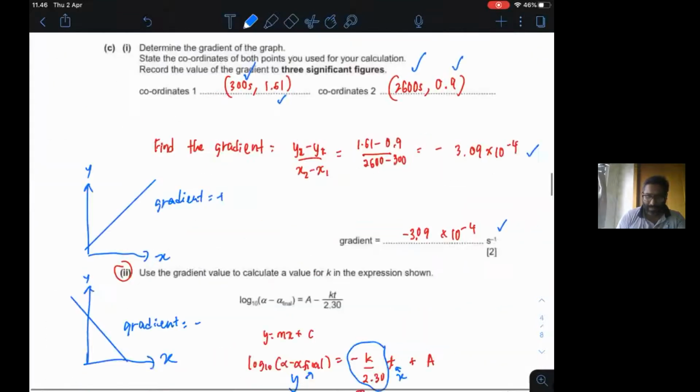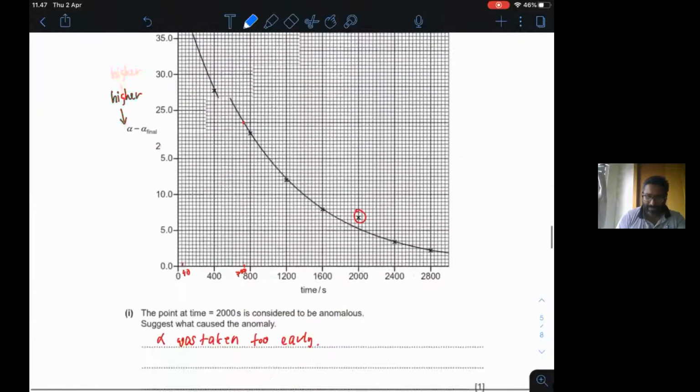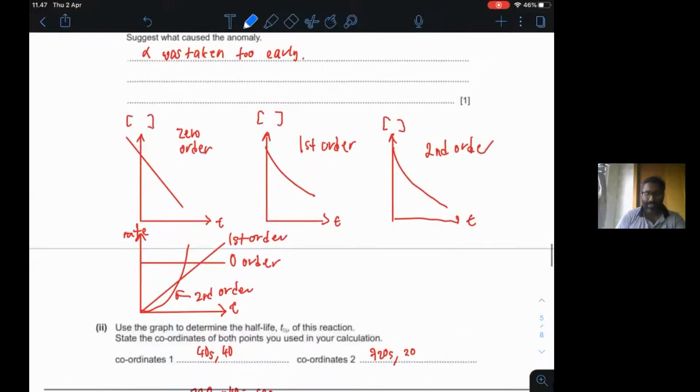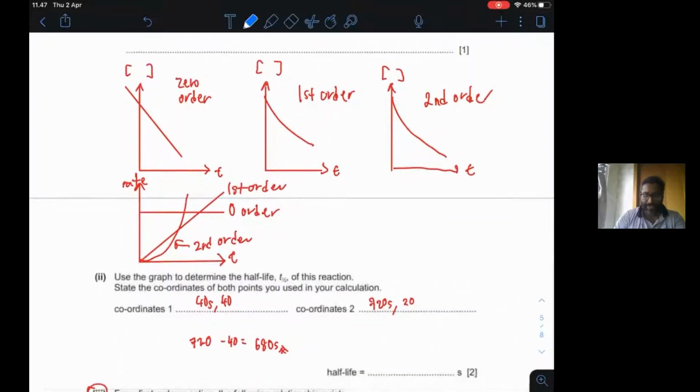If you have a straight line like that for rate, it's first order rate versus time.